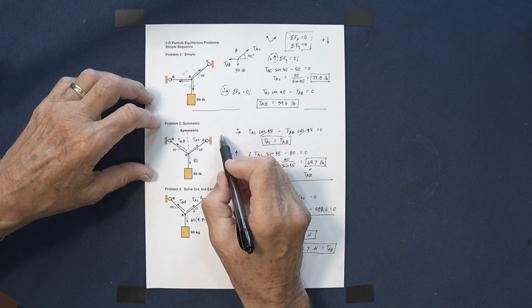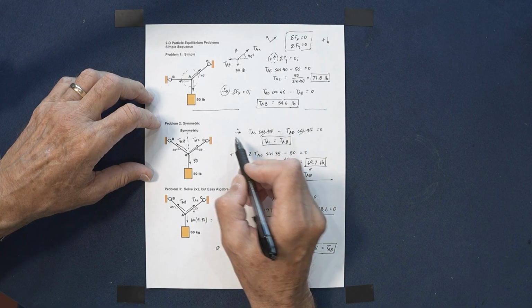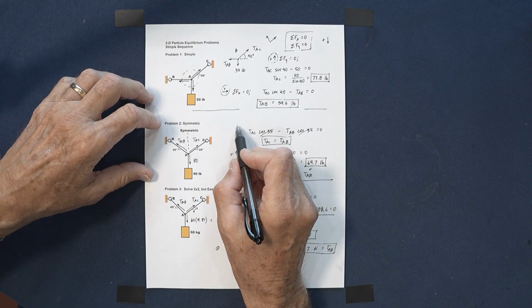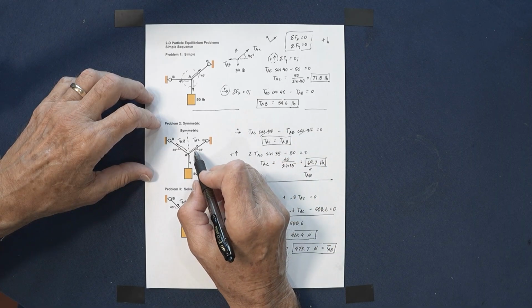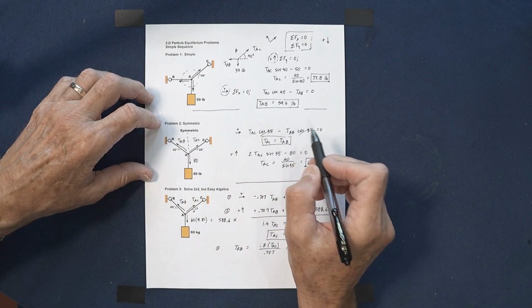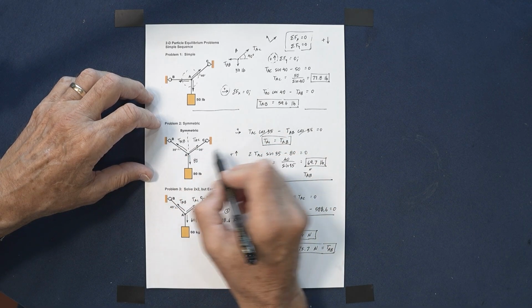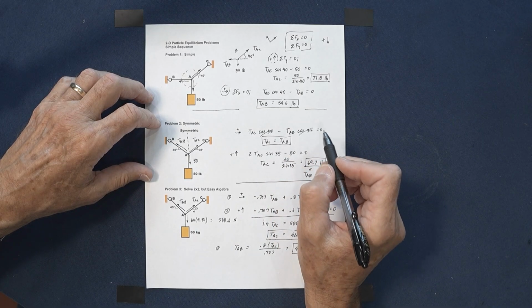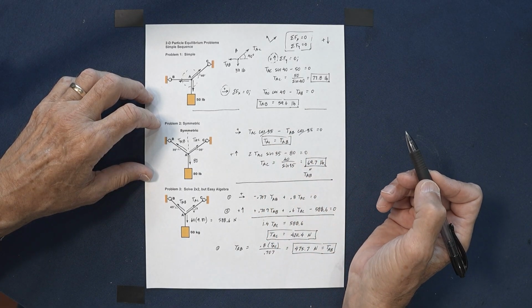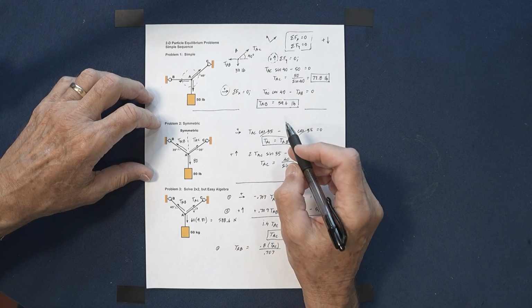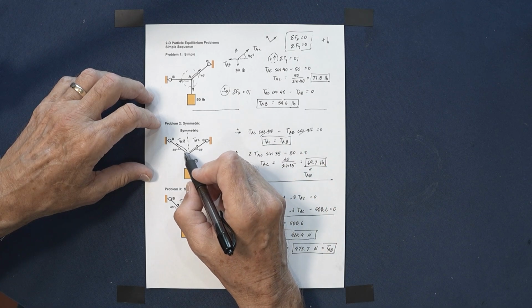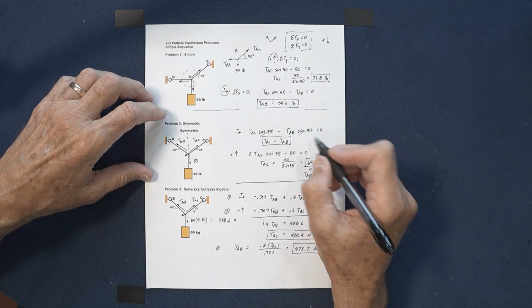And so if you sum forces in the x direction, taking the right to be positive, I have TAC cosine 35 minus TAB cosine 35 is equal to 0. The cosine 35s cancel, and I basically have proven that this tension is equal to this tension by symmetry.